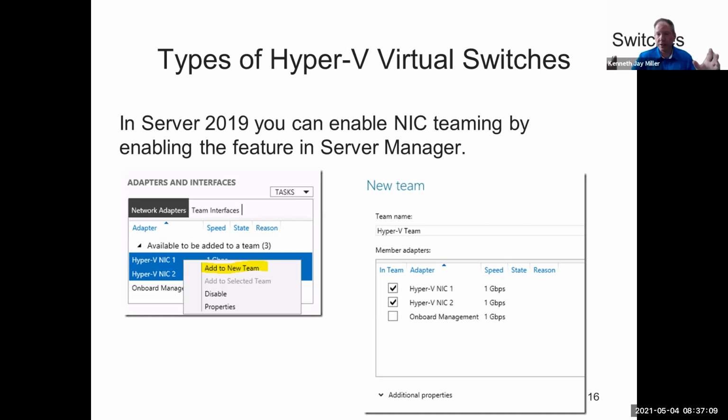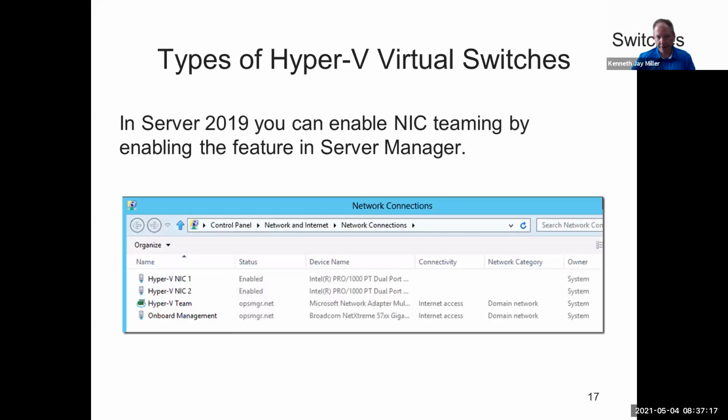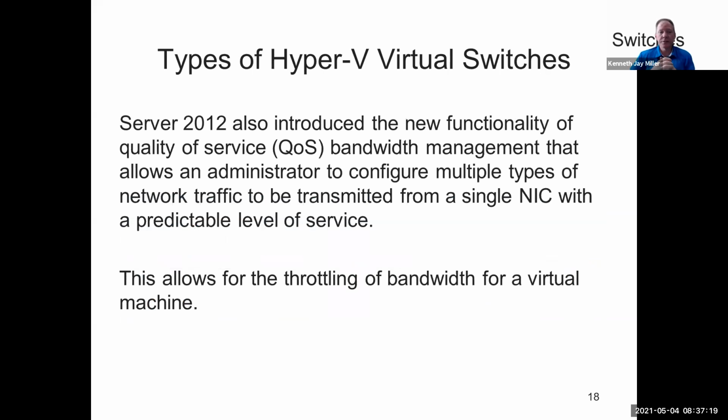So those switches are independent. If one of the switches fails, we still have some redundancy. Okay. So then we have our network connection, and that gives us the bonding or the NIC teaming capability.